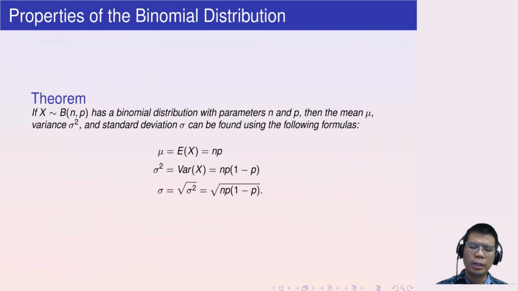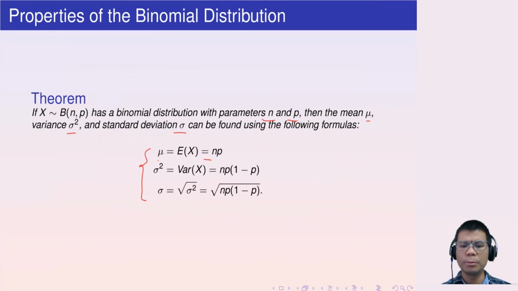Okay, so you can easily give the formula for the mean, the variance, and standard deviation. If X is a binomial distribution with parameters n and p, then the mean, variance, and standard deviation can be found using the following formulas.